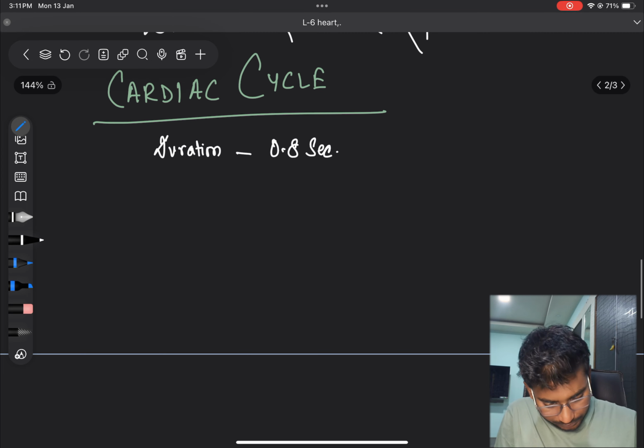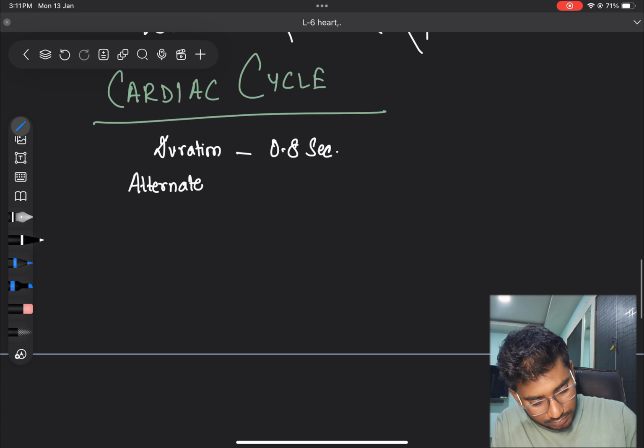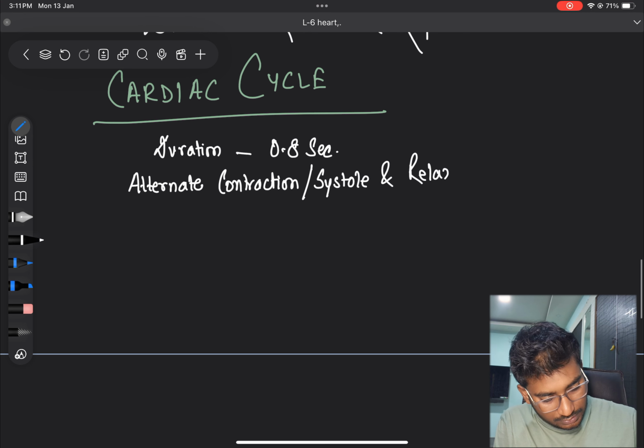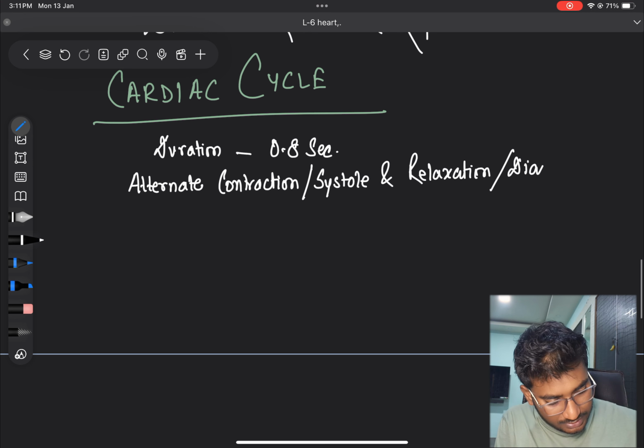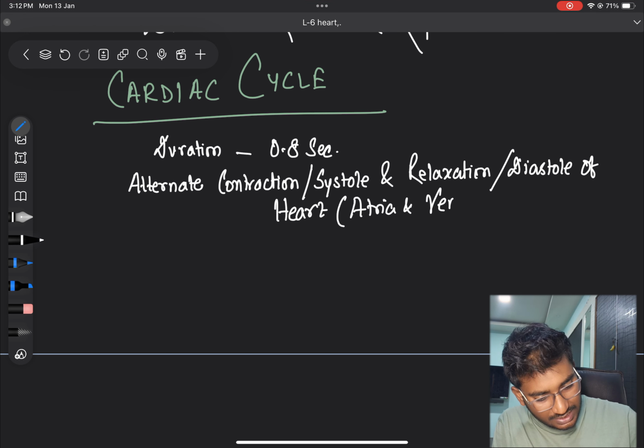It is the alternate contraction, systole, and relaxation, diastole, of the heart. It is of the atria and ventricle.